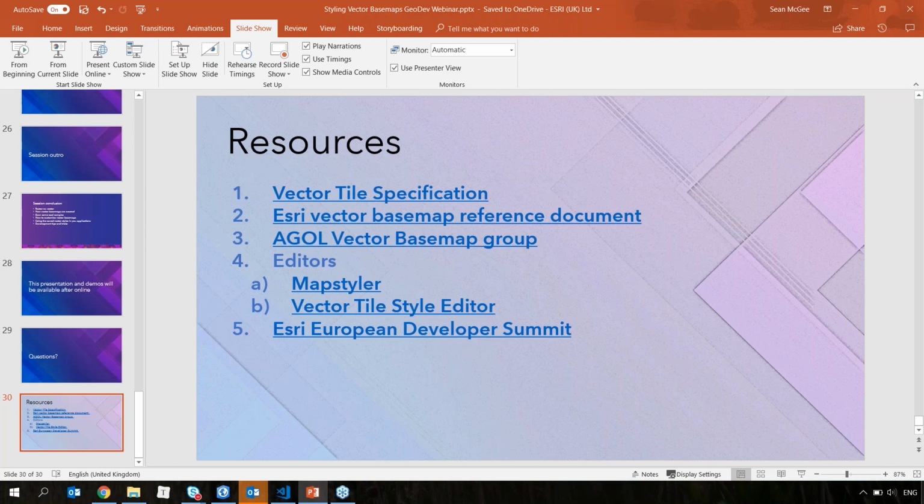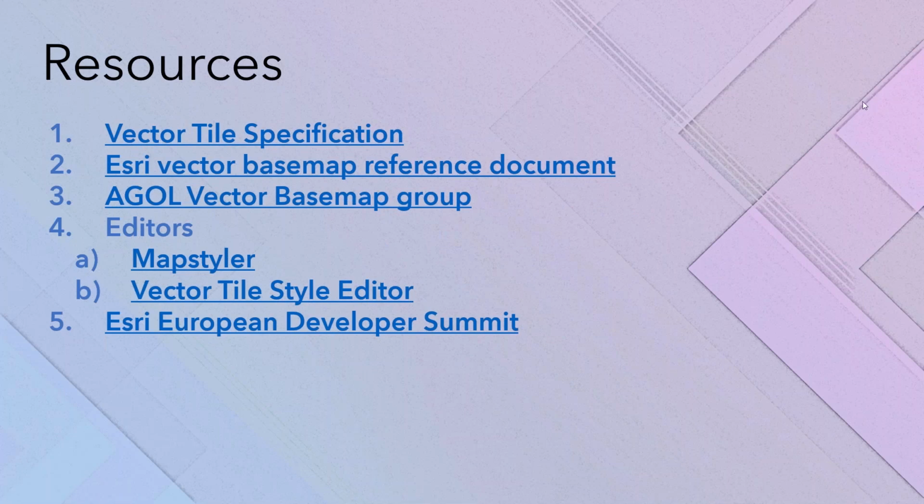Our first question is: is there a way to automatically refresh or update vector tiles if the base data changes, or would one need to recreate the vector tile set each time the base data changes?